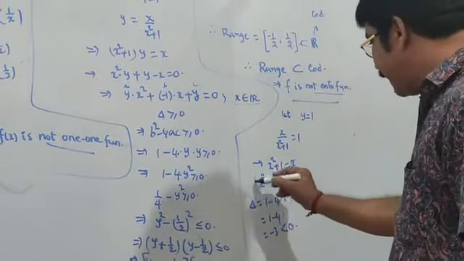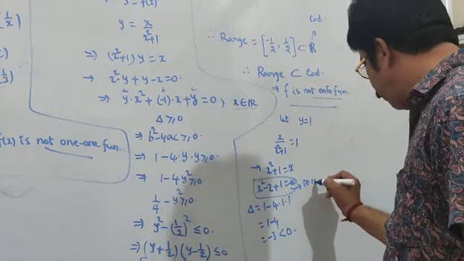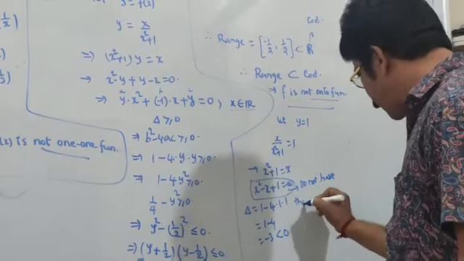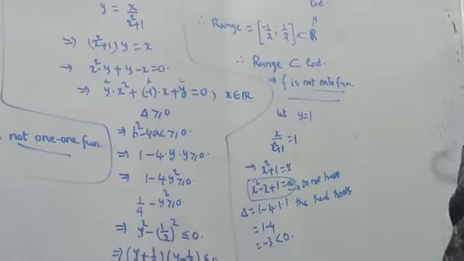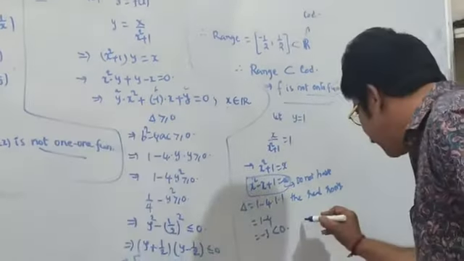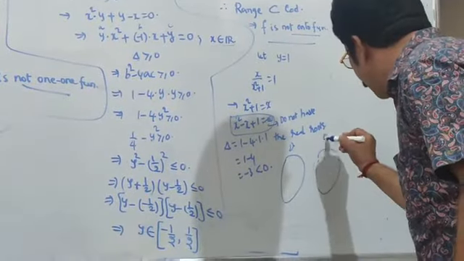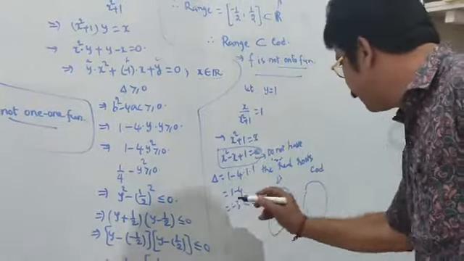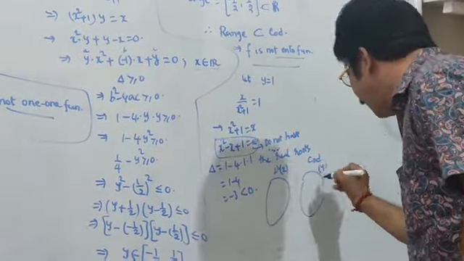Means this equation does not have real roots. Here this is the domain and this is the codomain. Domain means the values of x, and codomain the values of y.